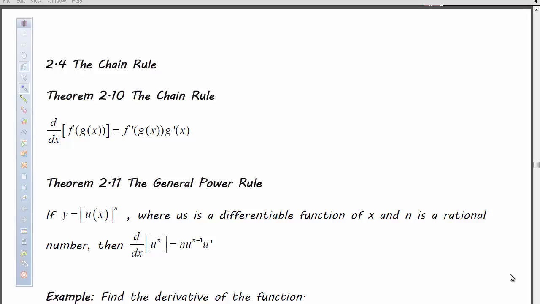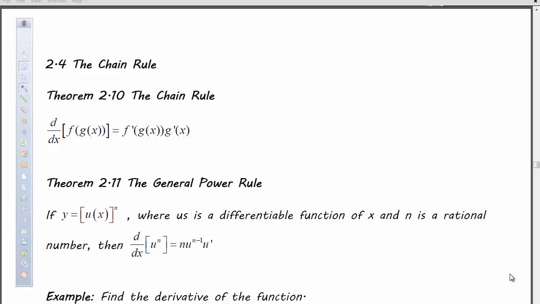Okay, so for the chain rule, when we look at our function, we can look at it in two pieces such that we have one function inside of another function. What we're going to have to do is take the derivative of the outside function without changing the inside. Then we take the derivative of the inside.